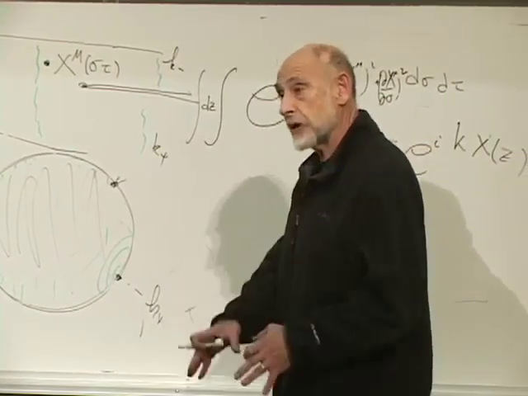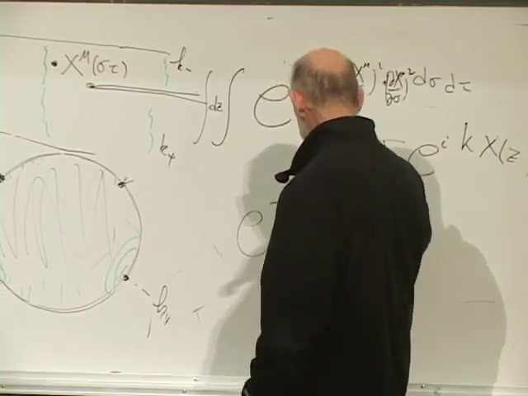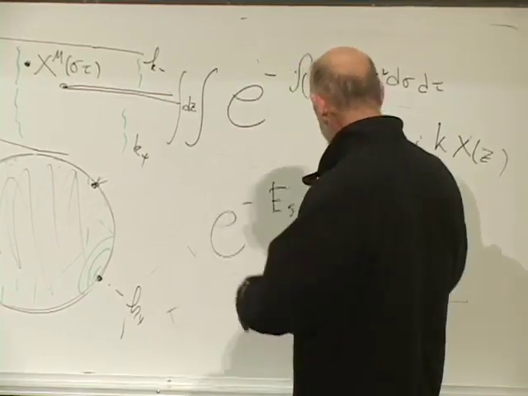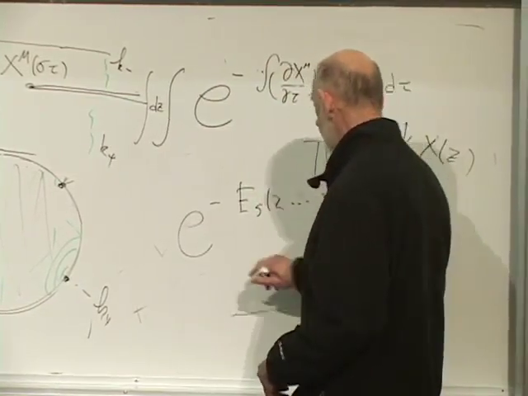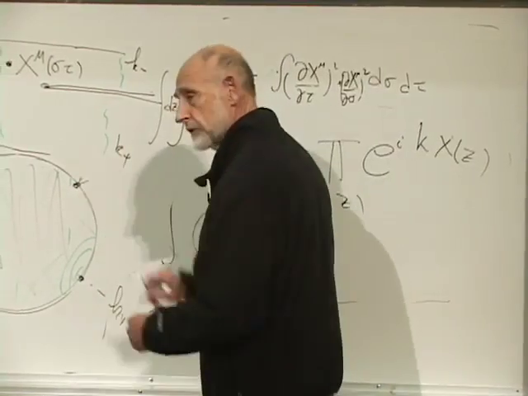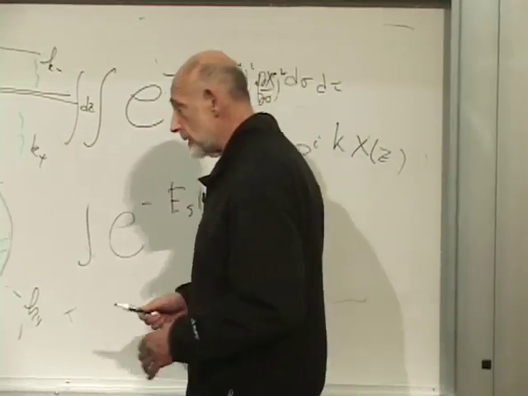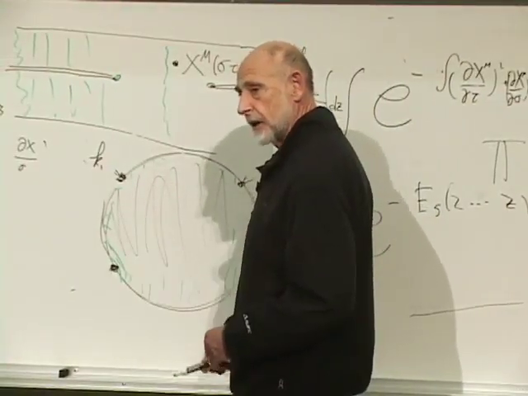You take that electrostatic energy, you exponentiate it, e to the minus the electrostatic energy. The whole answer depends on the positions of the charges, and you integrate it over the positions of the charges. You calculate the 26 electrostatic energies for the 26 different kinds of charges. How do you do that?